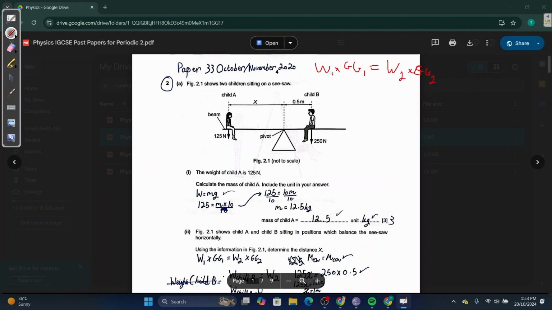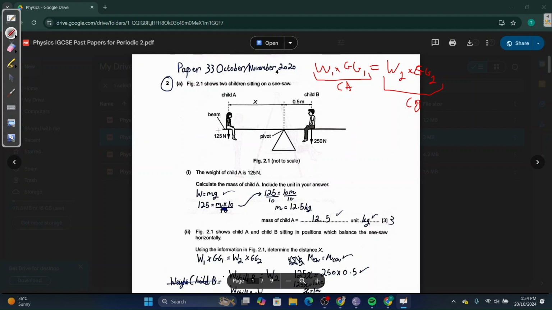Okay, so we'll take W1 and GG1 to be for child A, so I'll say CA, and W2 and GG2 to be for child B, so CB. You can take W1 GG1 to be for child B and W2 GG2 to be for child A. It's your choosing.